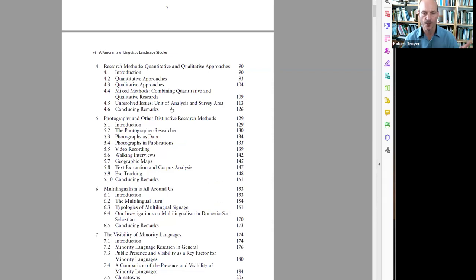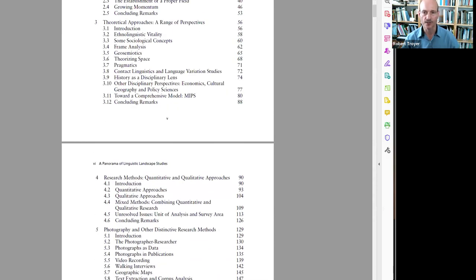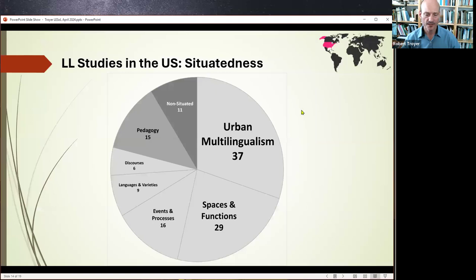So there's a lot of ways that we could look at this body of work and break it down, according to research methods or according to theoretical approaches. But I wanted to focus on something a little bit different, and that's what I call situatedness. If you look at what's been published in the field of linguistic landscape studies, most of it is situated in a very specific context, and some of it is not.